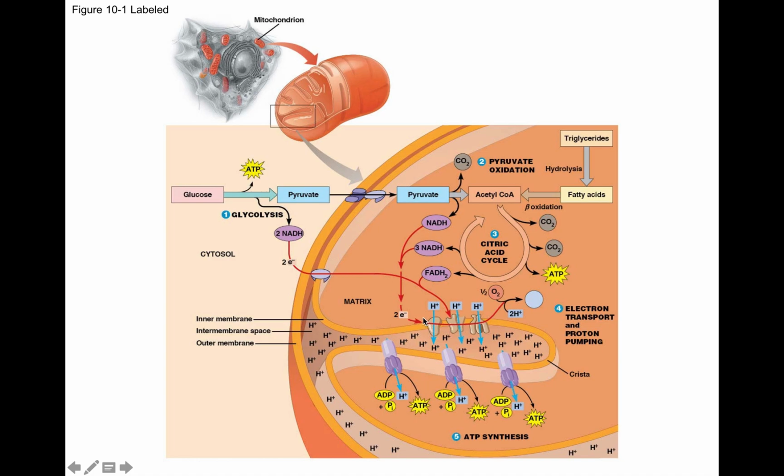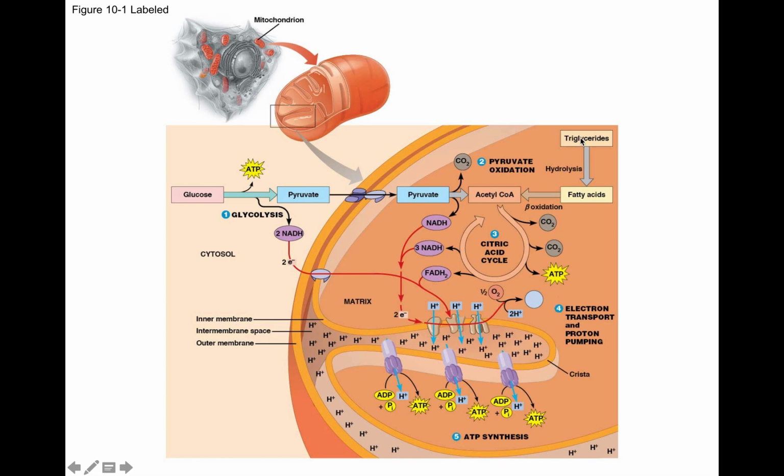These electron carriers are going to be used to move protons into the intermembrane space, and those protons are going to drive a gradient where protons move through a channel that will use the gradient to spin an enzyme that will add ADP and P together to make ATP. And this is where you're going to get most of your ATP.